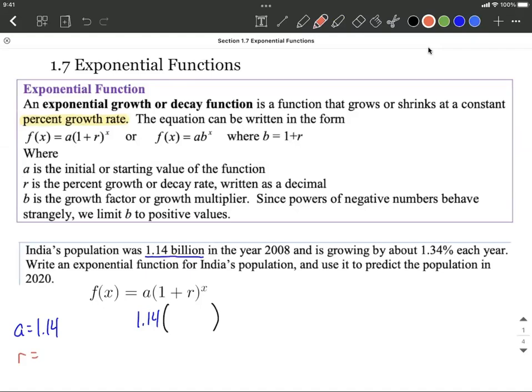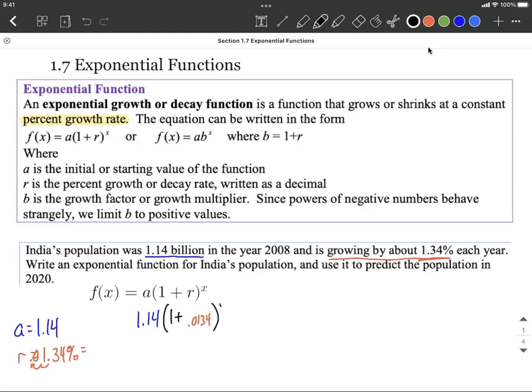Now the other component we need is our rate, r. So our rate is going to be a percentage. It's growing by 1.34%, but remember we're going to rewrite that as a decimal. So a decimal, you go 2 decimal places to the left. We put a 0 in there. So our rate is going to be 0.0134 gets filled into that formula. And it's positive because things are growing over time.